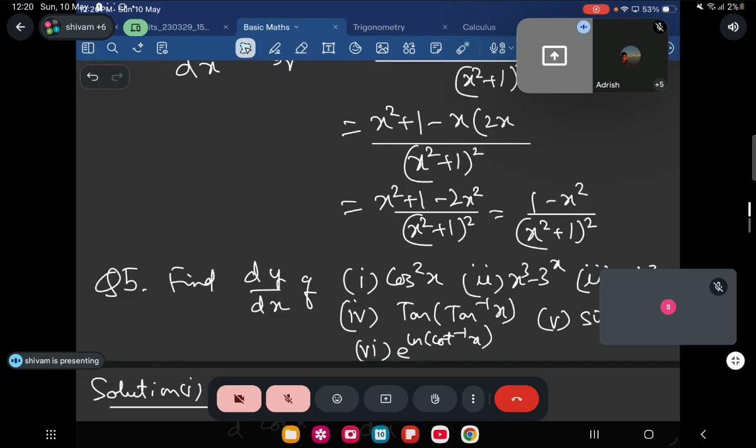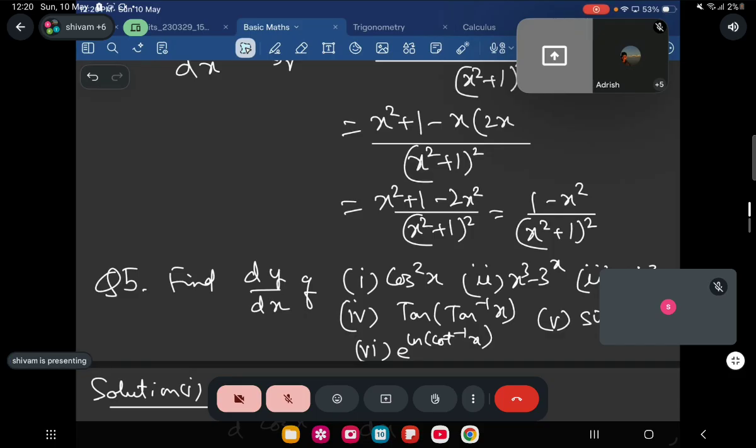Again, this is further simplified. First one is correct. Simplify this one. But let's see, this can be further simplified. Correct. Wait, you have made a mistake over here. Function.